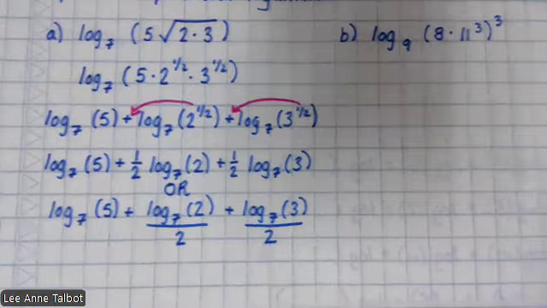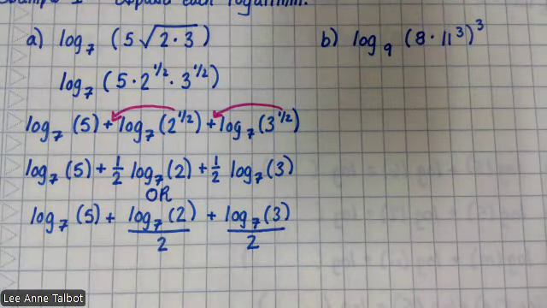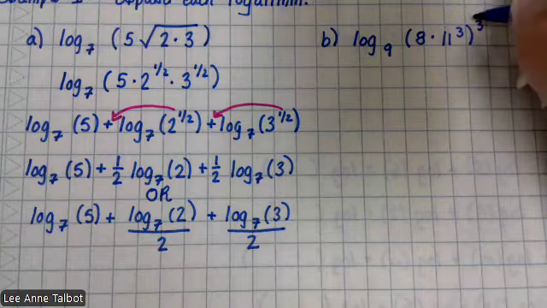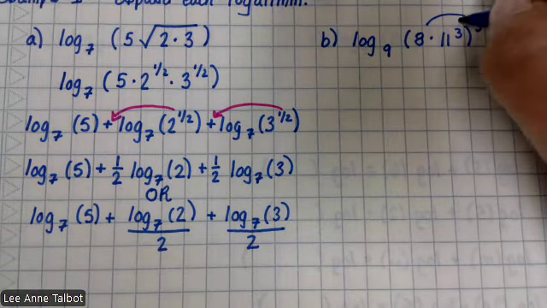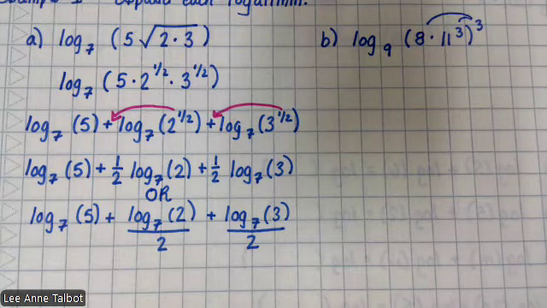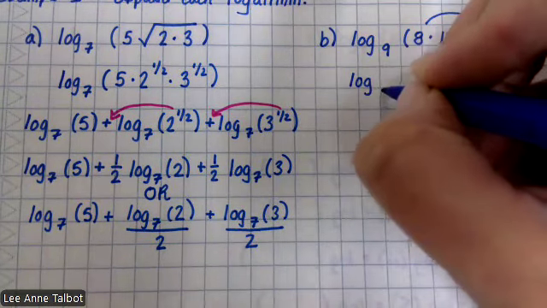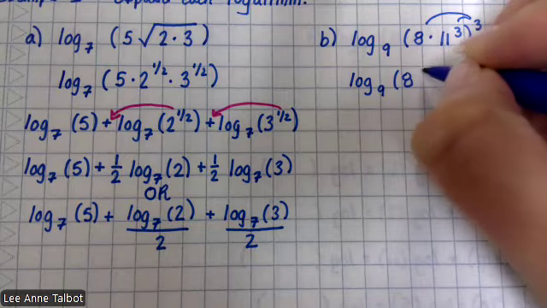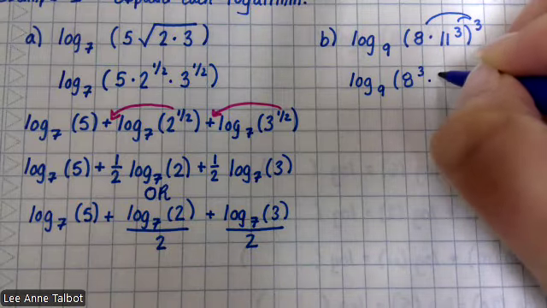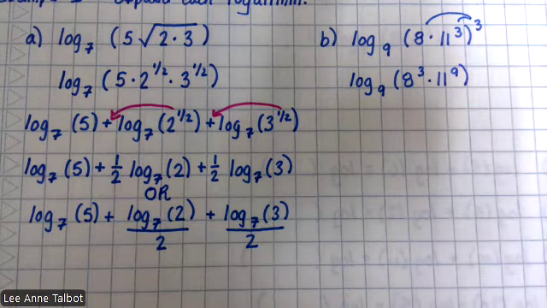Okay. B. The first thing I'm going to do is, for lack of a better word, distribute this exponent to both of the things inside. That's not the right word for that, but I don't know what the right word is. Yeah, I'm not even done yet.